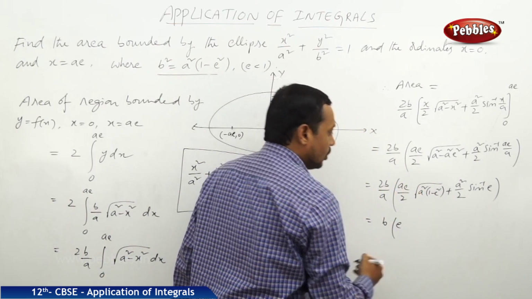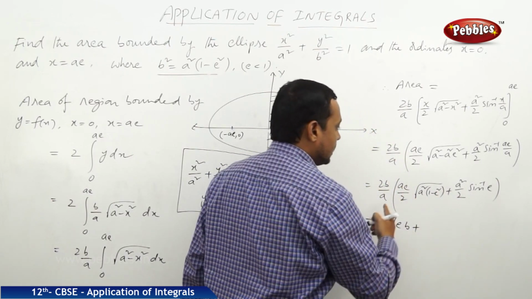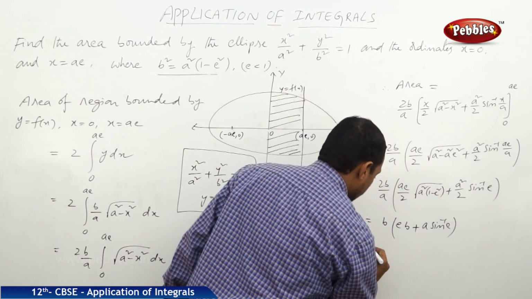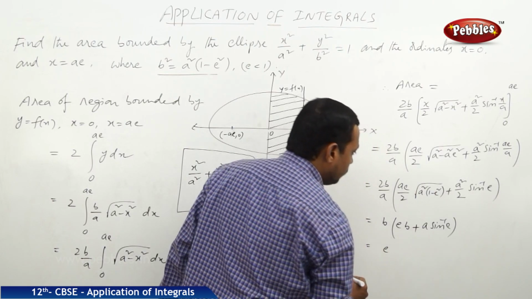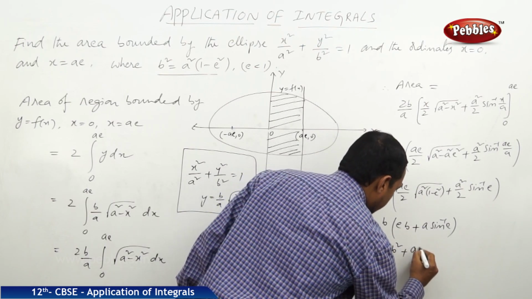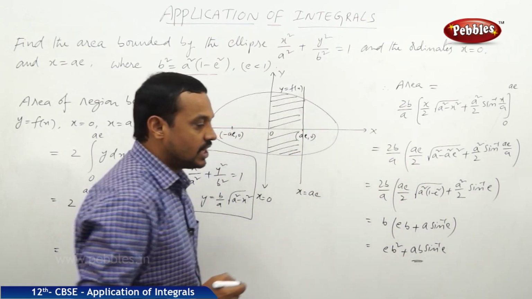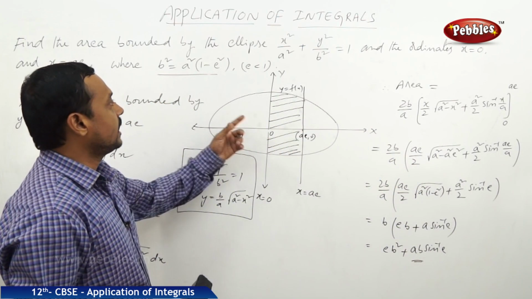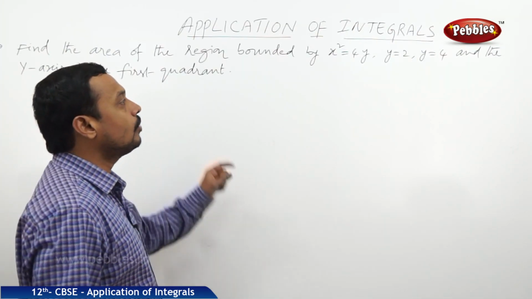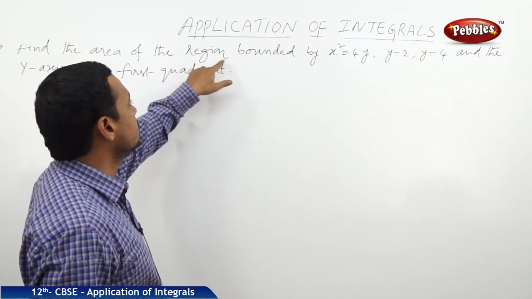Substituting here, root b square is b, plus a into sin inverse e. So finally it is e into b square plus ab sin inverse e. Now this is the area enclosed by the ellipse with the ordinates x = 0 and x = ae.